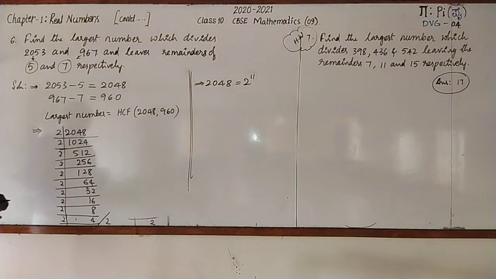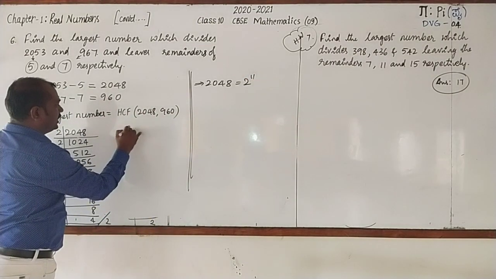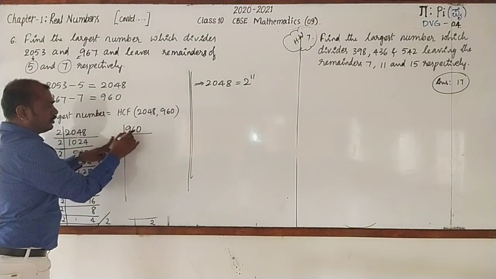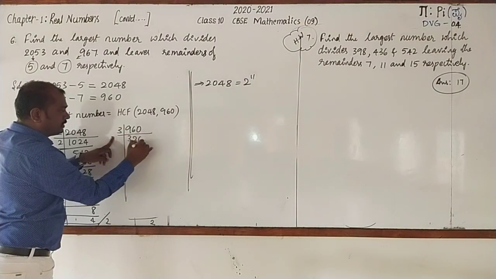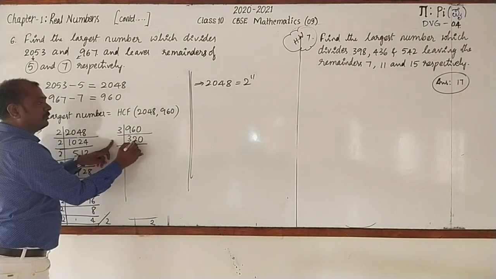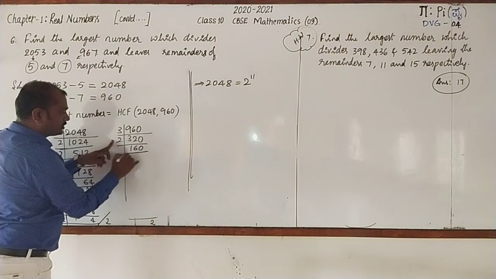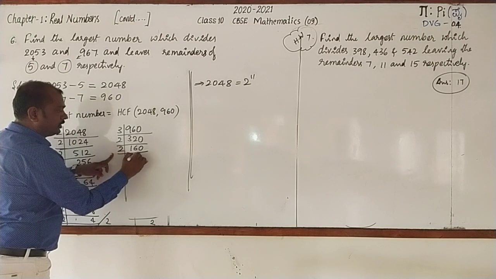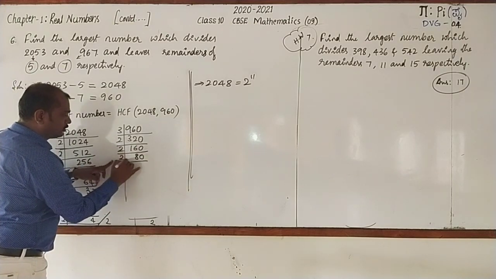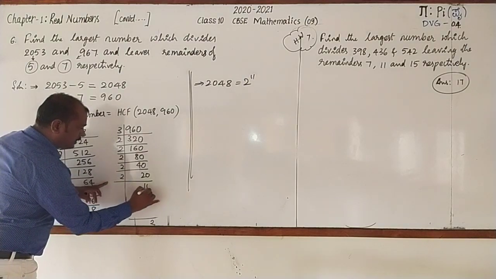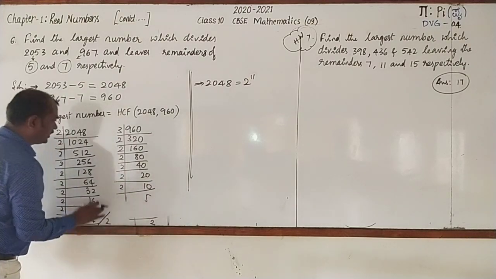Clear? Next, another number is there, 960. It is divisible by 3. 3 3s are 9, 2s are 6, 0s are 0. Now by 2: 2 1s are 2, 6s are 3, 0s are 0. Now 2 8s are 16, then 0s. 2 40s are 80, 2 20s are 40, 2 10s are 20, 2 5s are 10.